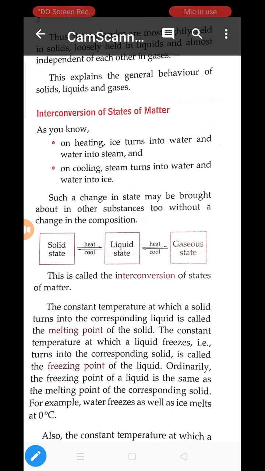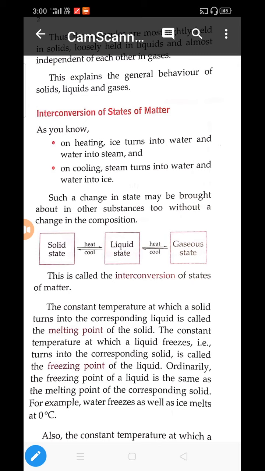The constant temperature at which a solid turns into the corresponding liquid is called the melting point of the solid.